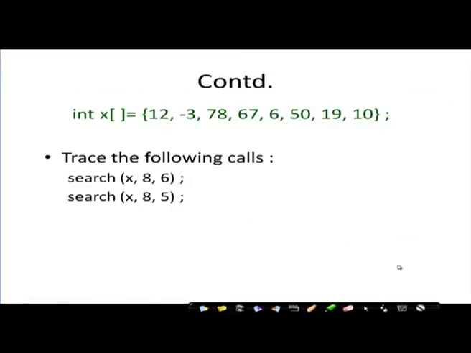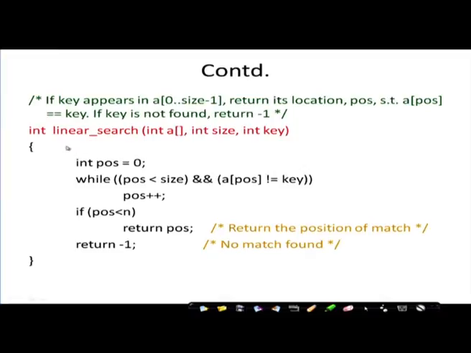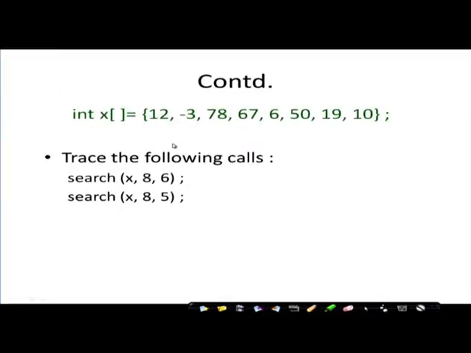So, here is an example. Say this is the array X, 12, minus 3, 78, 67, 650, etc. I want to trace the following calls. I call search. So, if you go up, this is linear search.